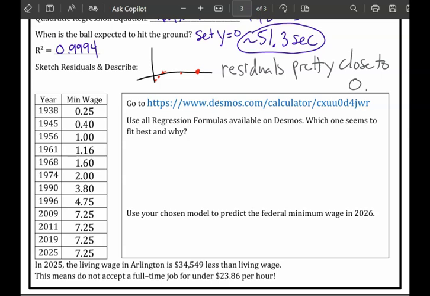You can use reasonings for it with the residual plots or the determination coefficients or the correlation coefficients. And then whichever model that you think fits the best, use it to predict the federal minimum wage in 2026.